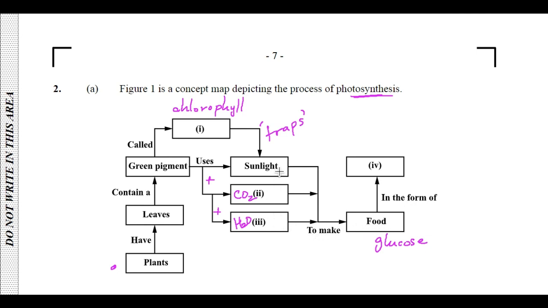Carbon dioxide and water are used along with sunlight to produce glucose. And here we go, food in the form of glucose. So we even wrote it down already, but let's put it in the right place. So we basically answered it. We went through the whole thing, we completed it, it makes sense to us. Now let's look at the question.